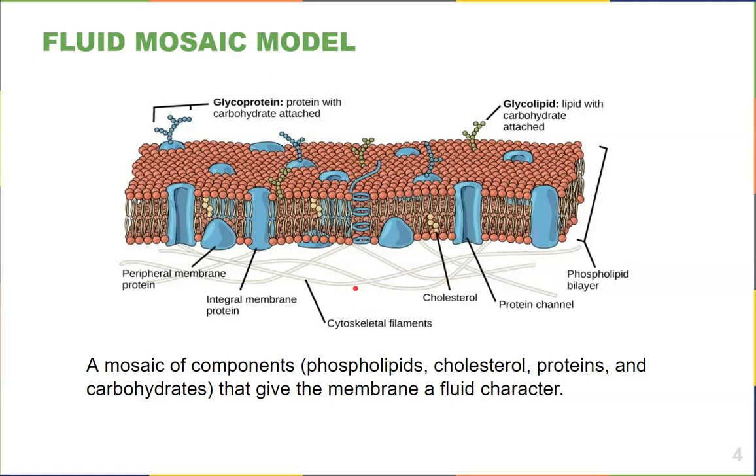Now, the fluid part comes from the ability of these phospholipids to move around. So they're not stuck in one place. They are able to move and rearrange themselves and trade places. And so it's not a hard structure, it's fluid. And that allows cells to move and absorb shock and stress and change shapes to fit their environment.